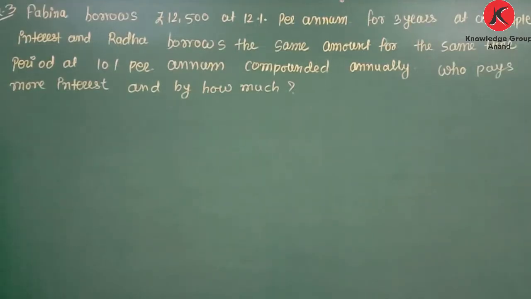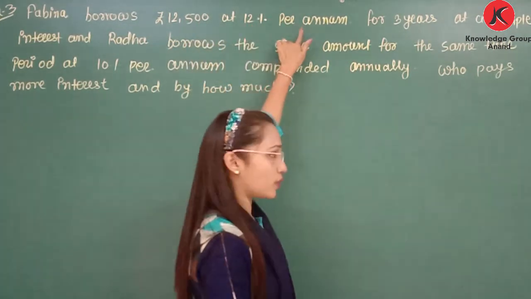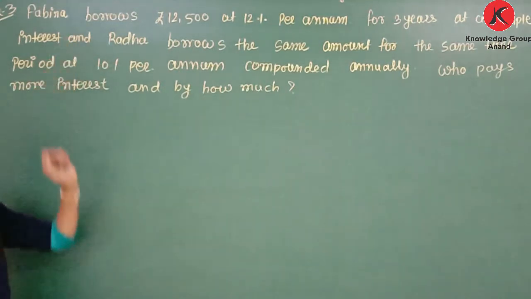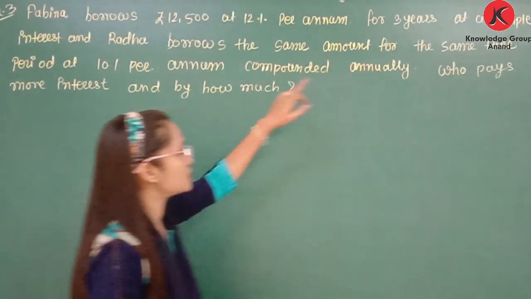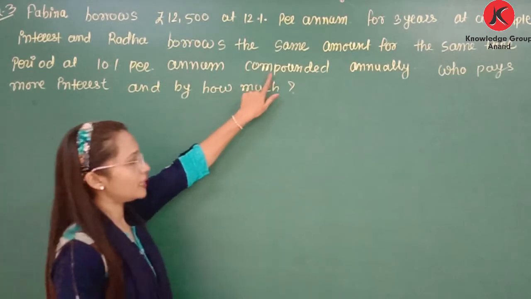Now next example, question number 3. Fabina borrows rupees 12,500 at 12% per annum for 3 years at simple interest. Now she borrows the money at simple interest. So for Fabina, we need to find the simple interest. And Radha borrows the same amount for the same time period at 10% per annum compounded annually.